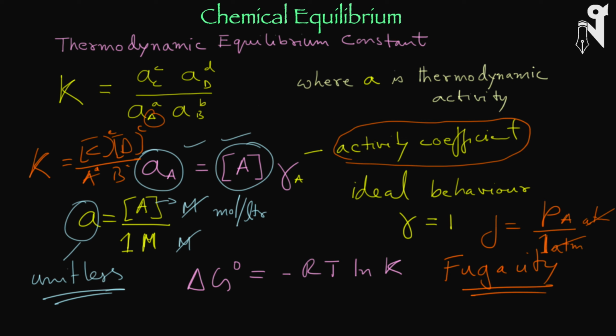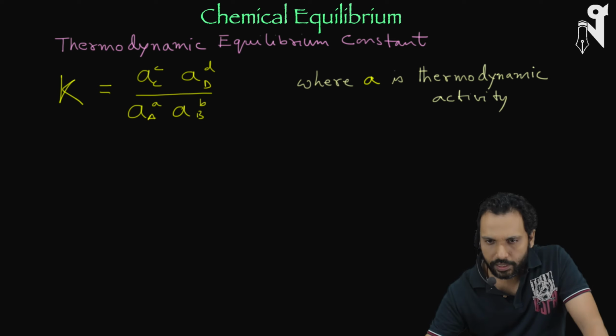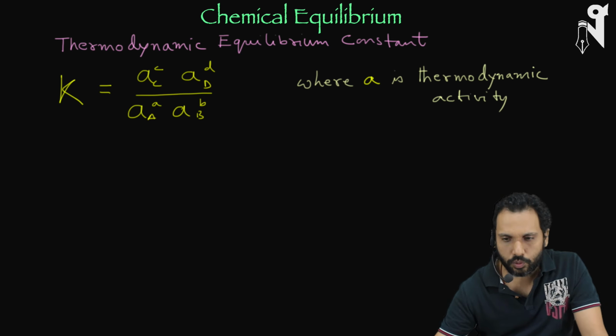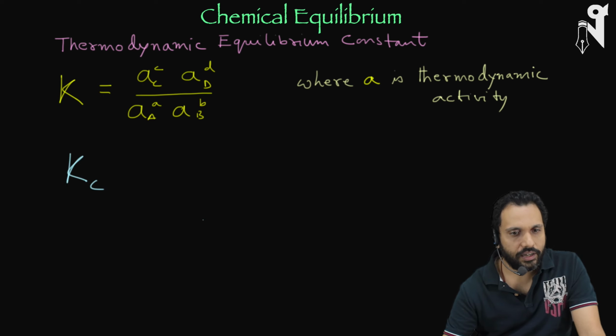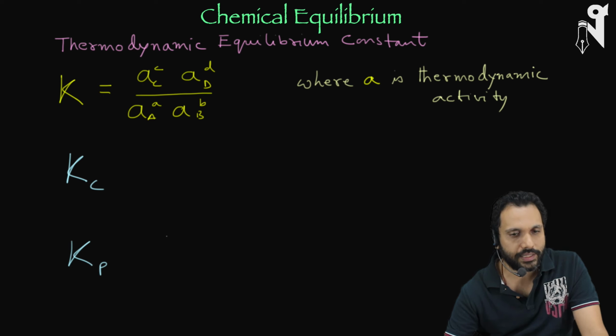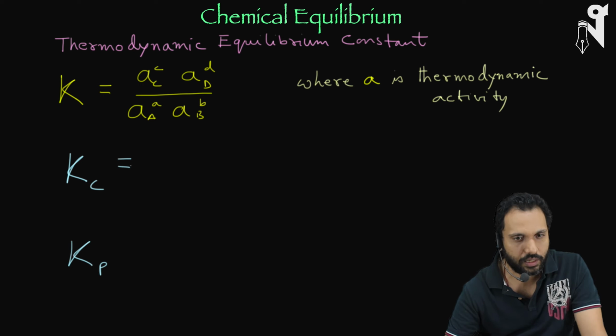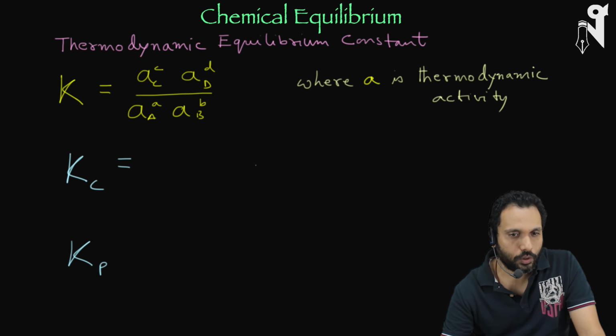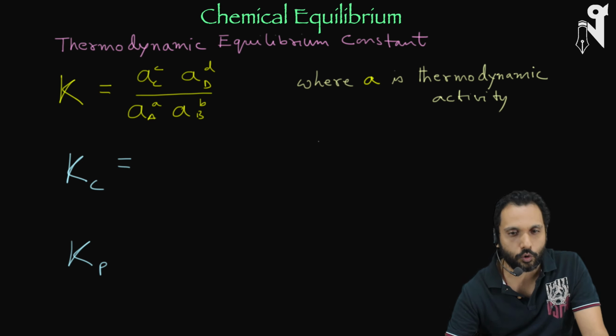So the point I'm trying to make is that we would be finding the K value in terms of concentration, so we'll call it Kc, or in terms of pressure, so we'll call it Kp. What would Kc be when instead of activity we write the concentrations? Numerically it would be the same if your coefficient was 1.